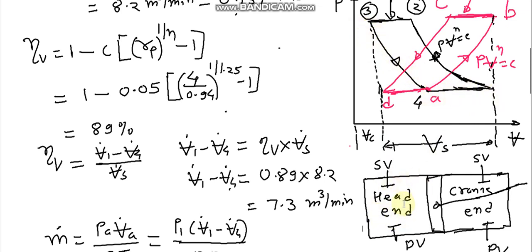At the same time, the air at the crank end is compressed from A to B and delivered from B to C.